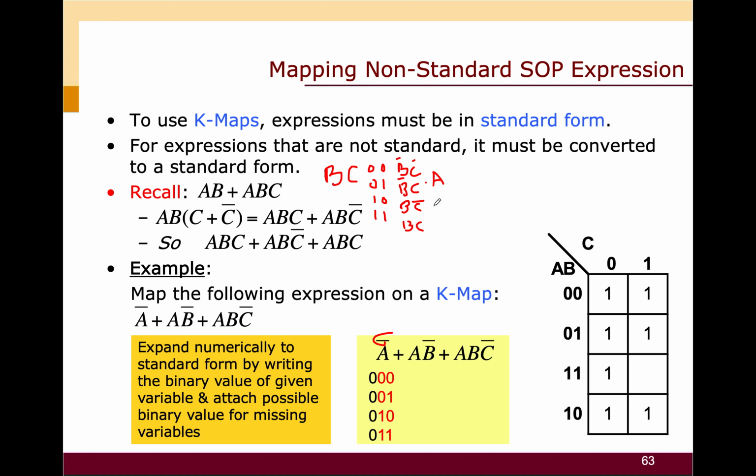A bar. So the long way you will get A bar, B bar, C bar for the first, and then plus A bar, B bar C, plus etc. So this is how you're going to convert it the long way. So the possibility is A bar.